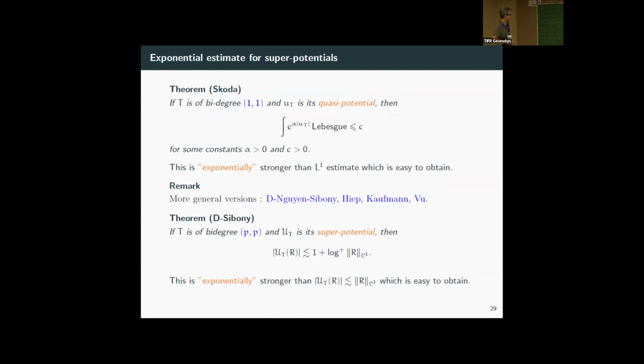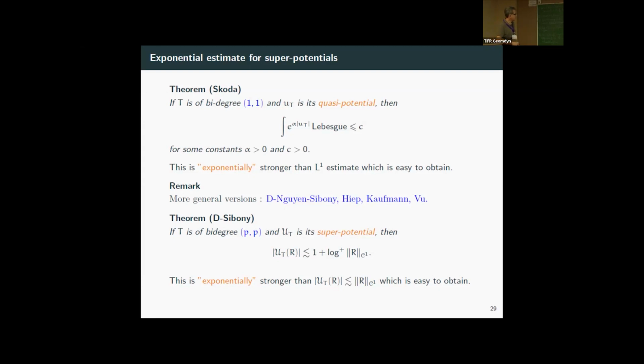Then you have an estimate like that: the integral of exponential of U is finite. Forget about alpha and C. Roughly speaking, this estimate is exponentially stronger than the L1 estimate.